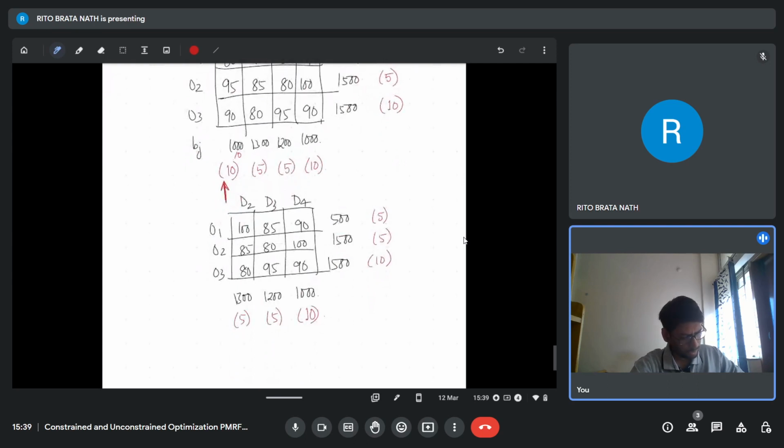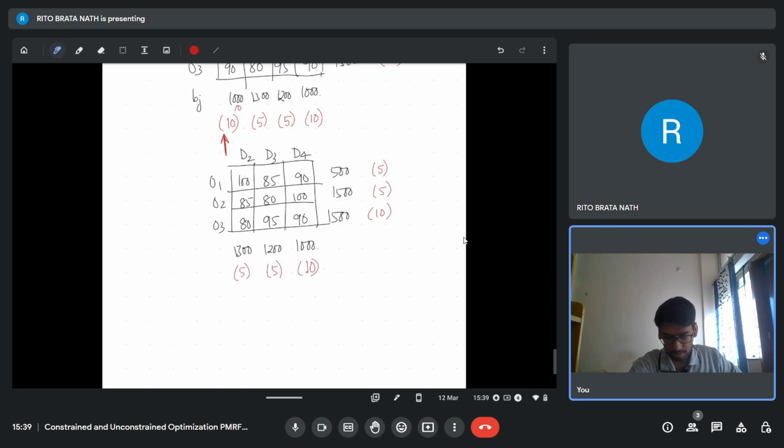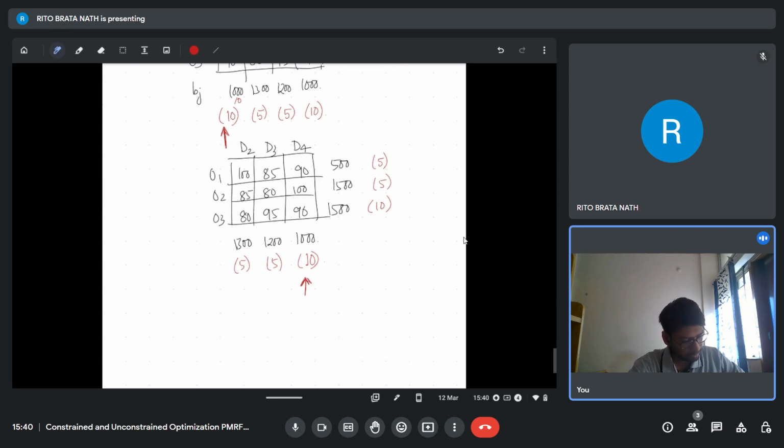Now again it occurs at two places. There's 10 value, and you can again pick, suppose the last, you can do it column wise. So you can pick this column, and now you can pick this 90, and that occurs at two places, but let me take the one which gives me maximum allocation.